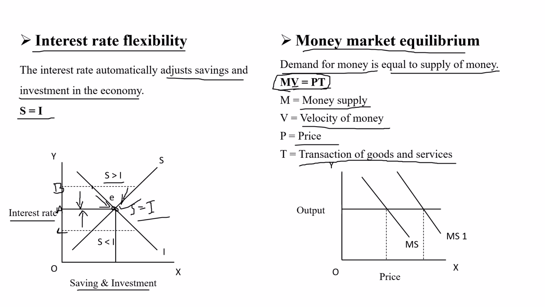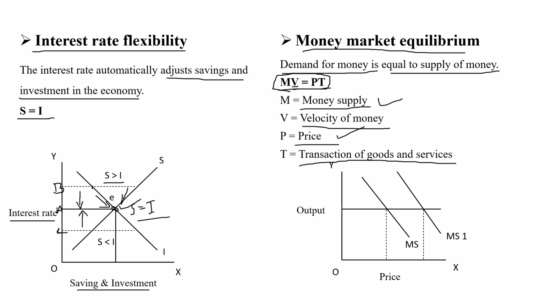Only the supply of money determines the price. It means that whenever the supply of money increases, prices also increase. There is a positive relationship between the supply of money and the price level. Once the supply of money increases in the economy, prices also increase, but the value of money decreases.